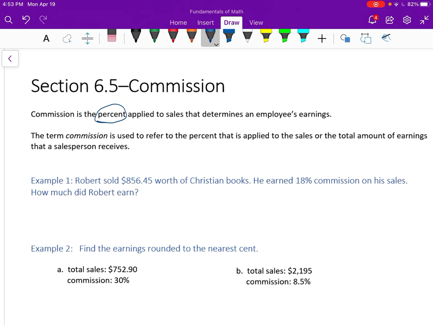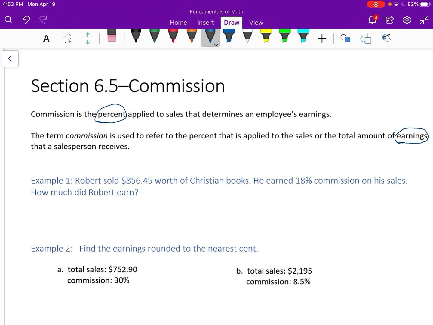Sometimes when people say commission, they're referring to how much money they actually made. Unfortunately, they use that for two different things. So it could be a percent, or it could refer to the total amount of earnings. We'll actually use the word earnings quite a bit to talk about the money amount that the salesperson receives.